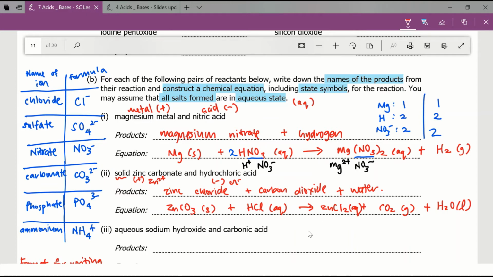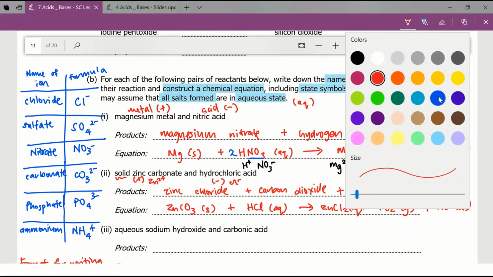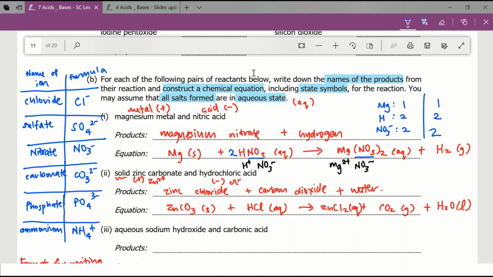Okay, so let's take a look. We can write down our elements and count the number of them that are present on each side of the equation. So we have Zn, C, O, H, Cl. On the left, I have one Zn, one C, 3 O, one H, and one Cl.